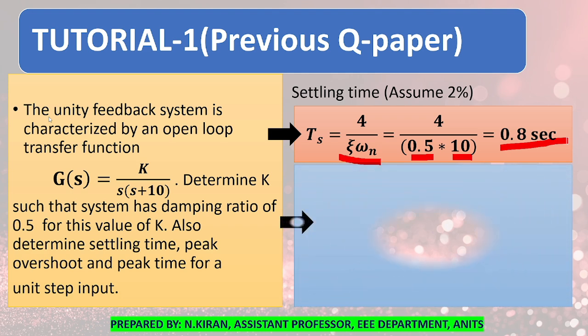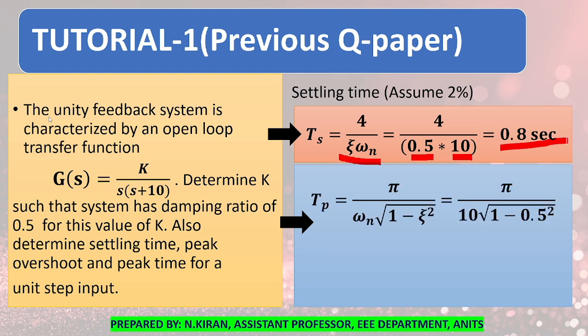Next, peak overshoot as well as peak time. Peak time, we know the formula tp is equal to π / ωd, where ωd is ωn into root over 1 minus ζ². Zeta is 0.5, ωn is 10.